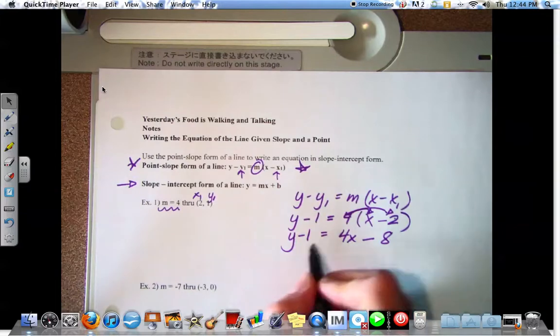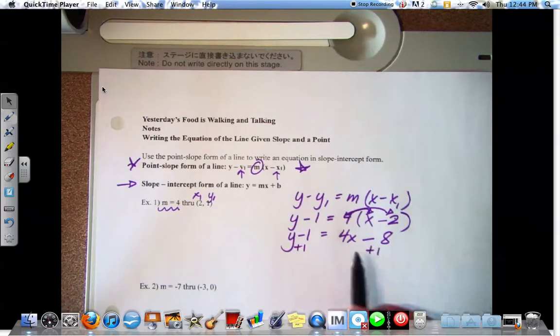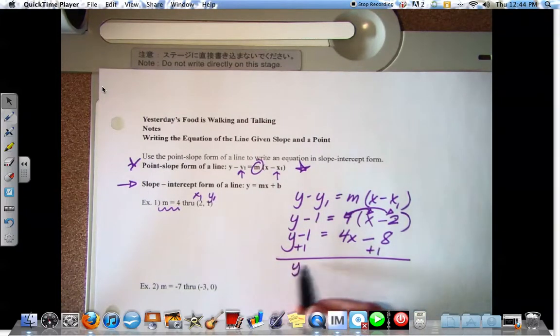Add 1. So y equals 4x minus 7. And that's it, we're done. We don't have to solve. We just did. We solved for y. We put it into slope-intercept form. There's nothing else that we can do because we have 2 variables. Actually, after we get through the next couple examples, it's not going to take you that long.